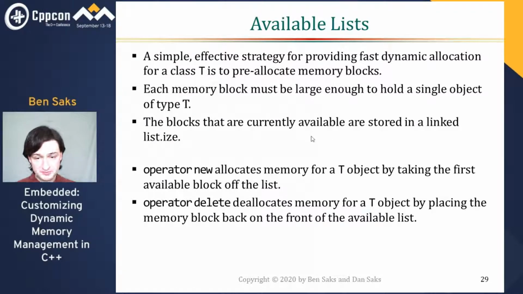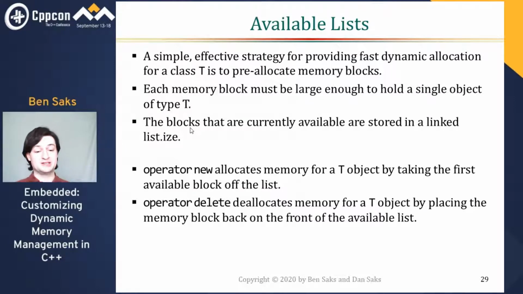So the basic strategy that you often see employed is to reserve a number of memory blocks ahead of time, essentially at compile time, so static memory or static allocation. Each memory block is suitable to hold a single object of type T. And then those blocks are organized into a linked list. I'll show you exactly how this is done in just a moment.